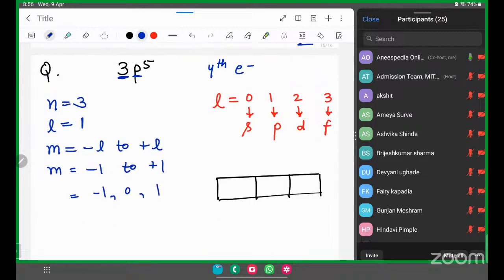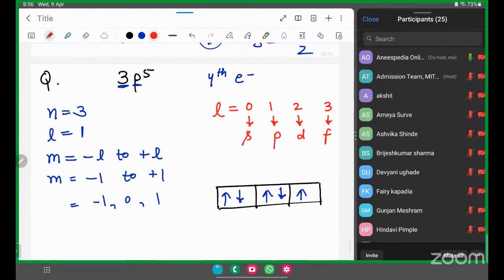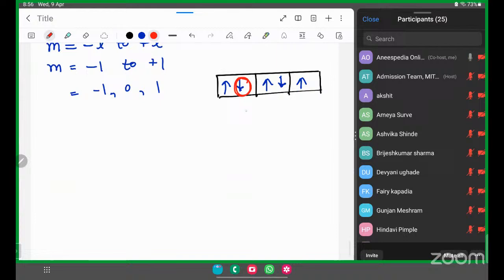We have a total of 5 electrons: 1 electron, 2 electron, 3 electron, 4 electron and 5 electron. According to the question, we are interested in the fourth electron. This one is the fourth electron. In which orbital? The orbitals are minus 1, 0 and plus 1.